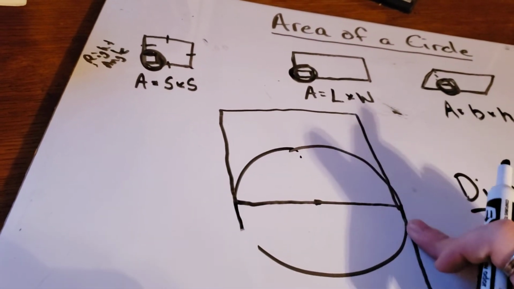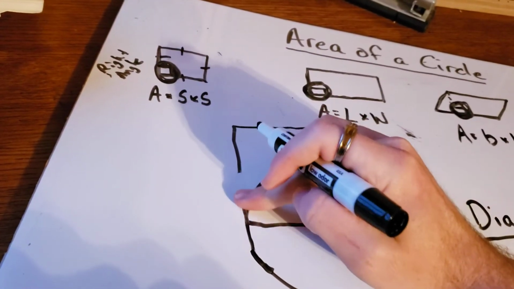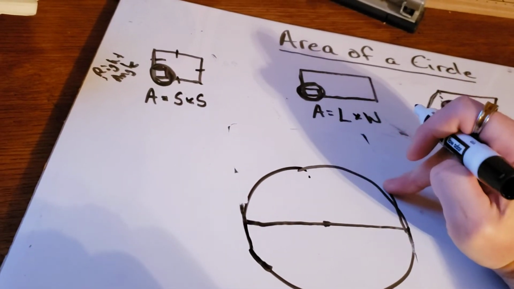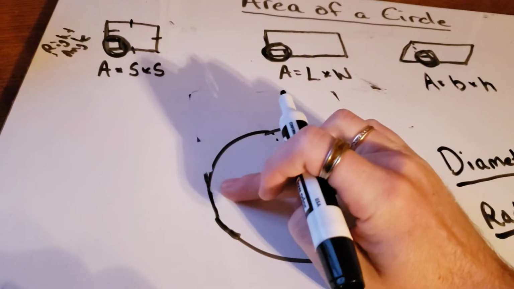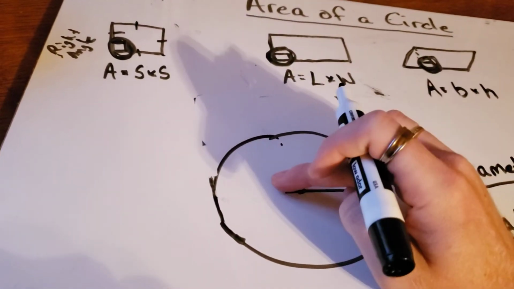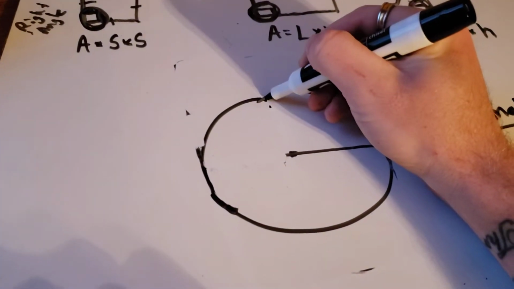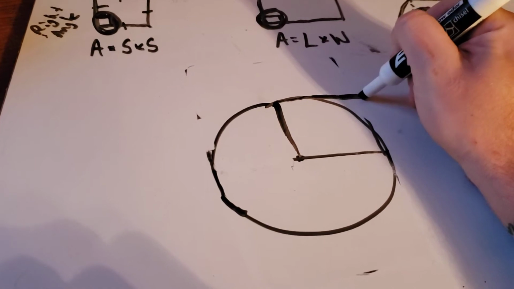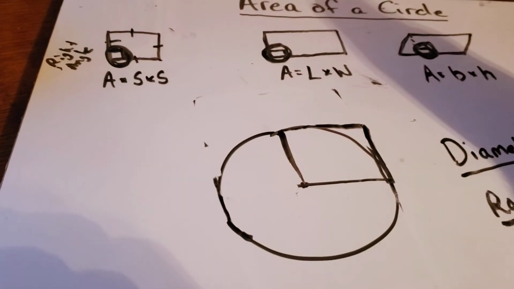So now let's look at the radius. So the radius is half of the diameter. So if I create a square using the radius, I would get a square that looks about that big. Now I want you to take a guess.